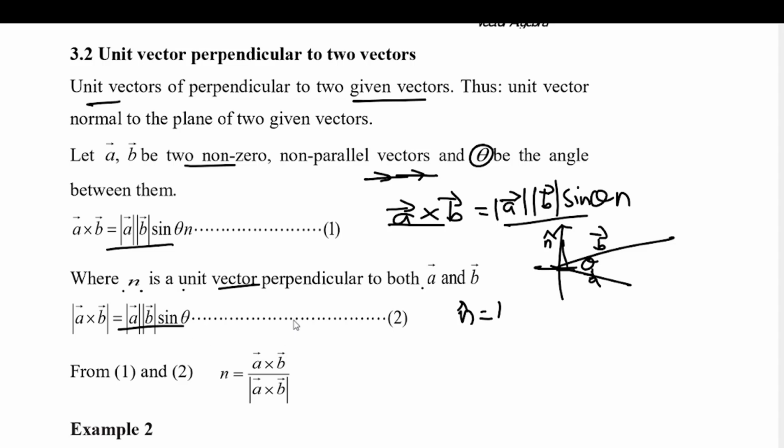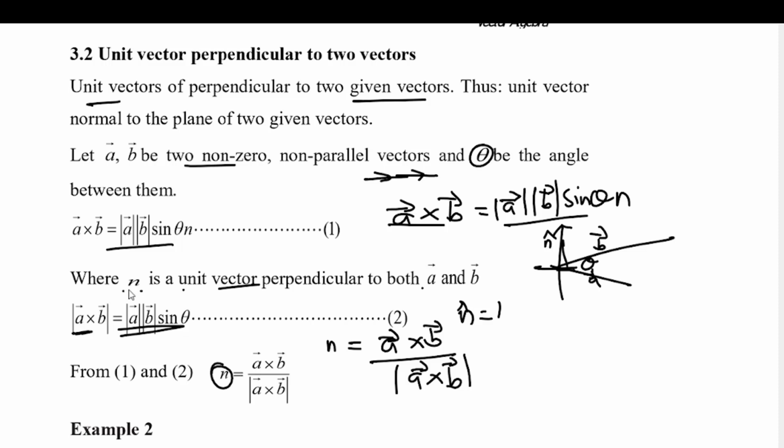Or in other words, if we divide, we know that from 1 and 2, n equals A cross B over the magnitude of A cross B. That is for the first one. Now, we are saying that the magnitude of A cross B is equal to this.